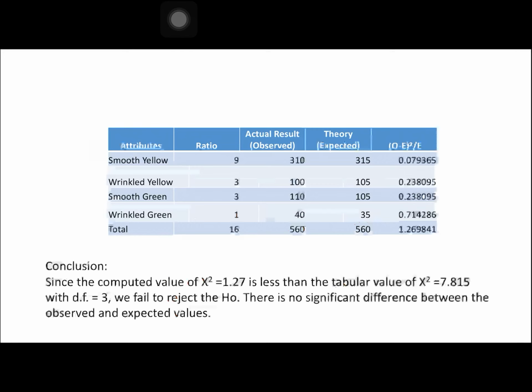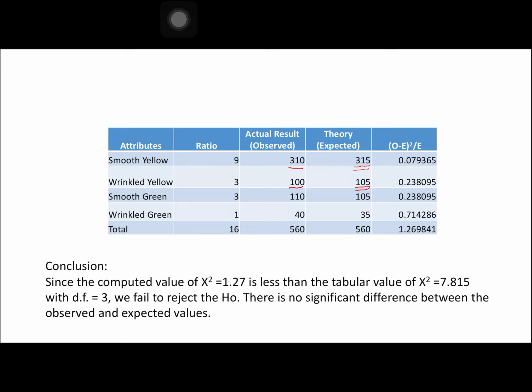So here, for the smooth yellow, we have 310 minus 315 squared divided by 315, that is 0.079365. For the wrinkled yellow, we have 110 minus 105 squared divided by 105, we have 0.238095.